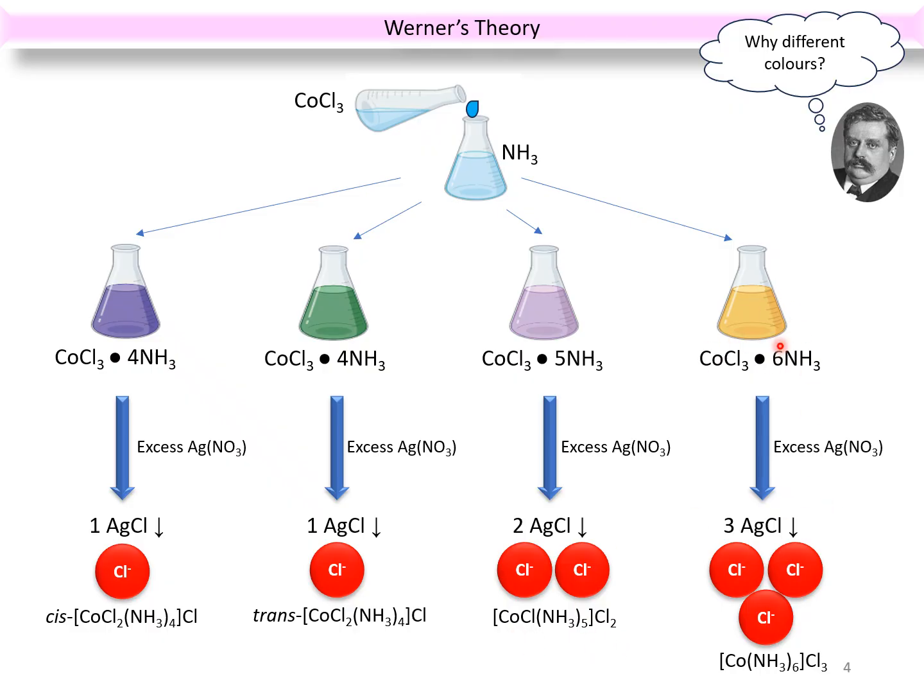The yellow solution precipitated 3 equivalents of silver chloride, which shows that all 3 chlorides in cobalt chloride are counter ions, so the only ligand coordinating to cobalt is the 6 ammonia: hexaammine cobalt(III) trichloride.